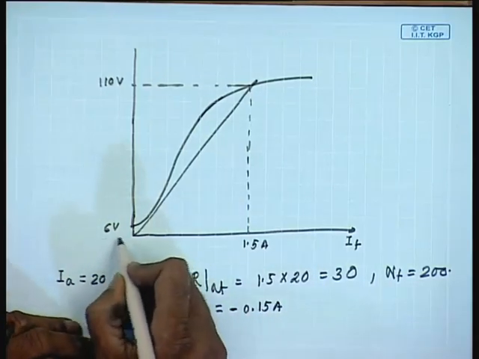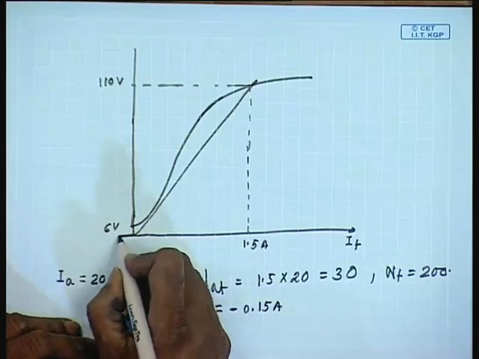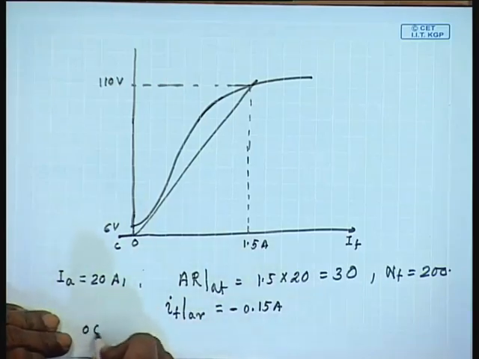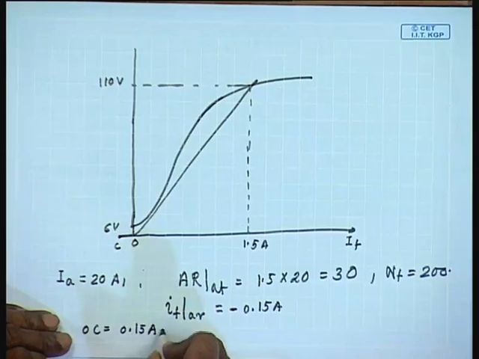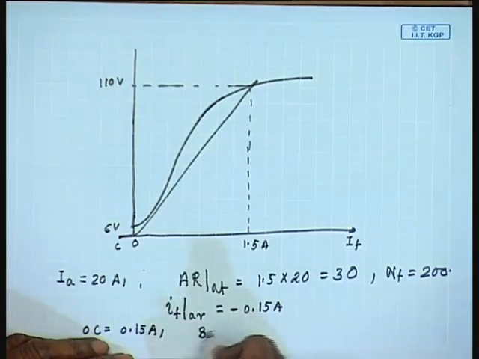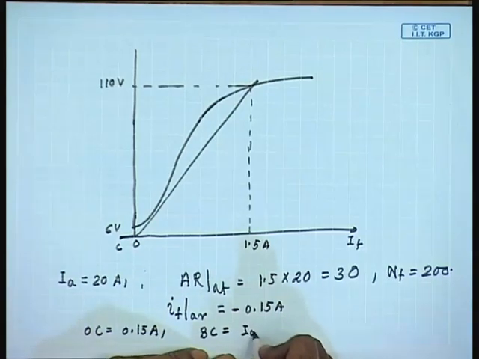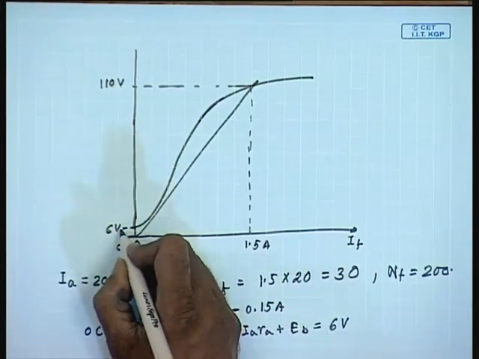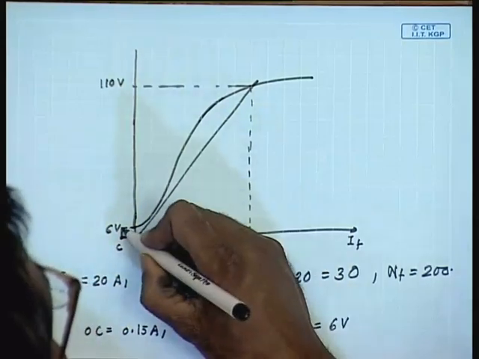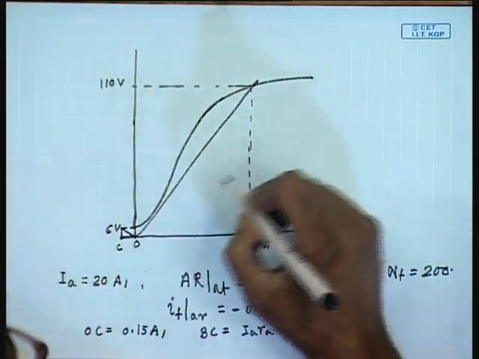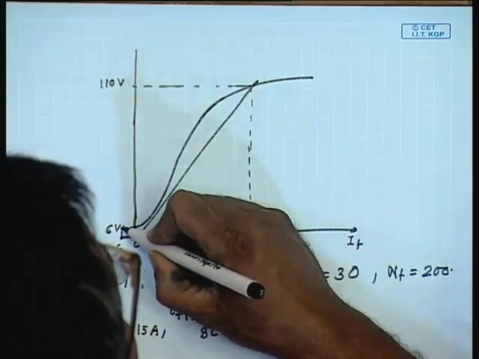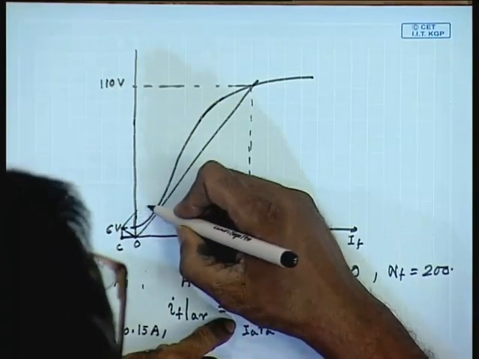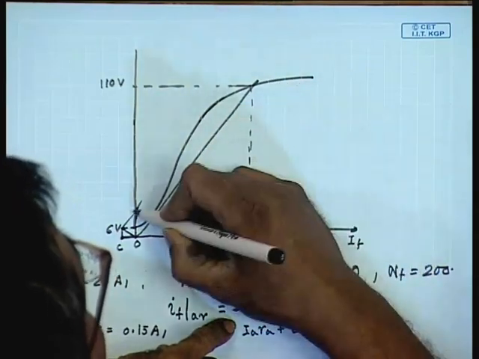So, let us draw a line OC equal to 0.15 amperes and a line BC which is equal to IARA plus EB is equal to 6 volts, and draw a line parallel to the field load line.